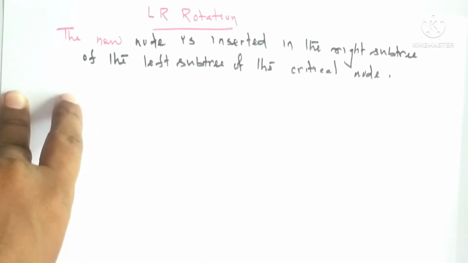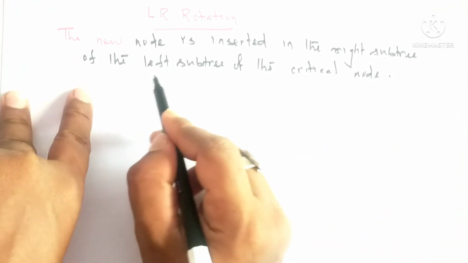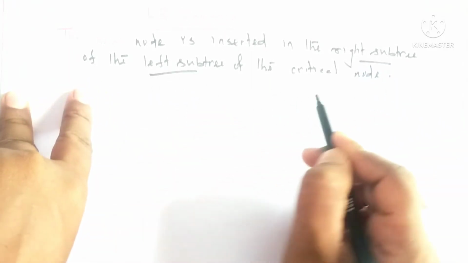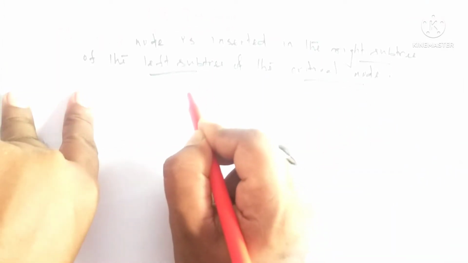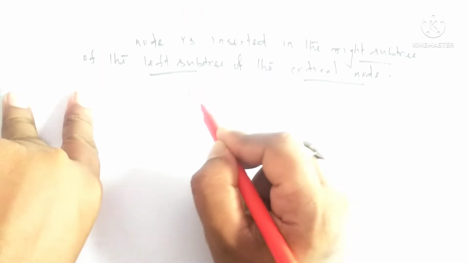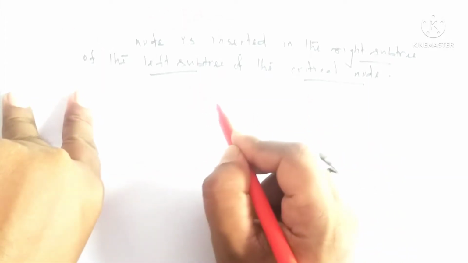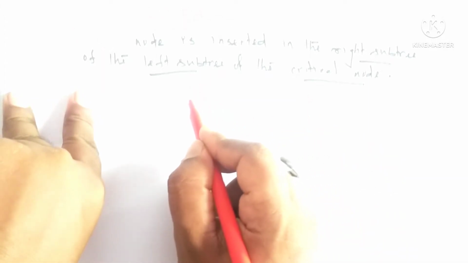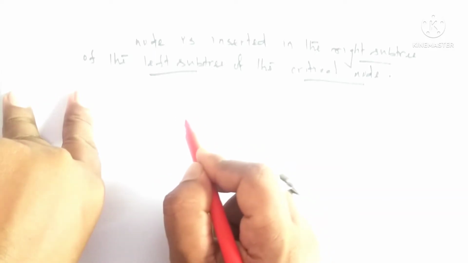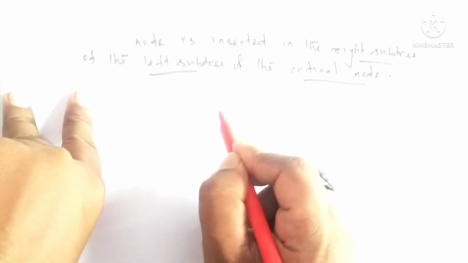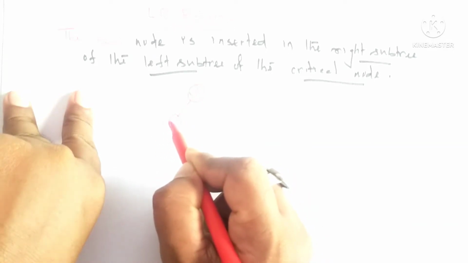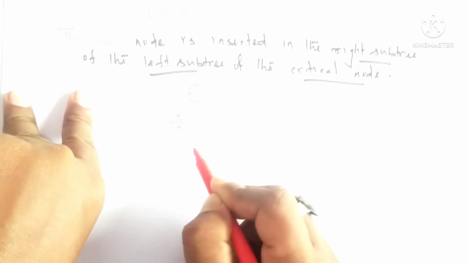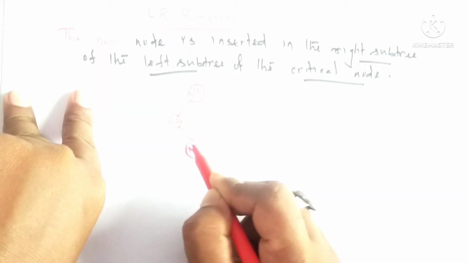Alright, the new node is inserted in the right subtree of the left subtree of the critical node. Now let me draw. This is node number 1. I inserted node 2, and here is node 3.